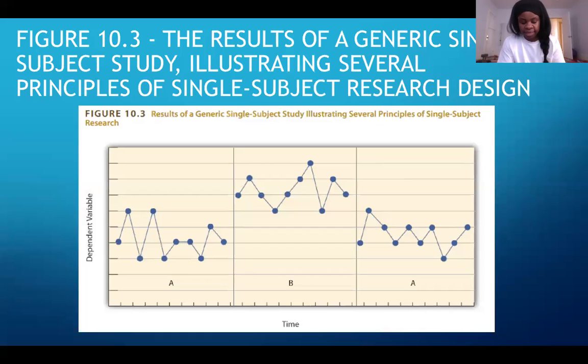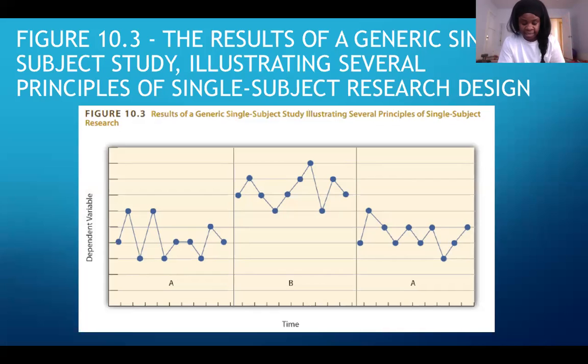So what we have here, the dependent variable, which is represented by the y-axis of the graph, is measured repeatedly over time, represented by the x-axis of the graph, at regular intervals. The study is divided into distinct phases during which the participant is tested under one condition per phase, okay?